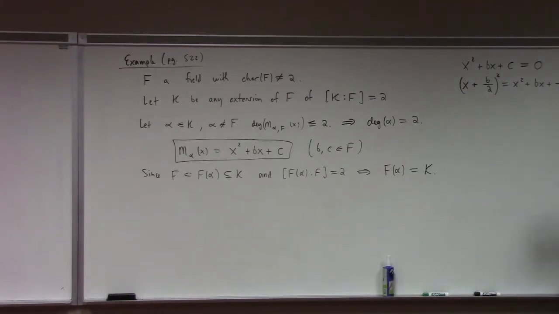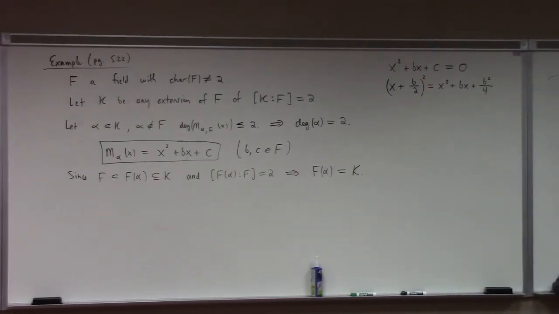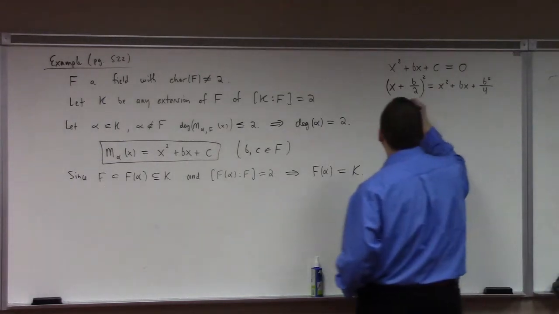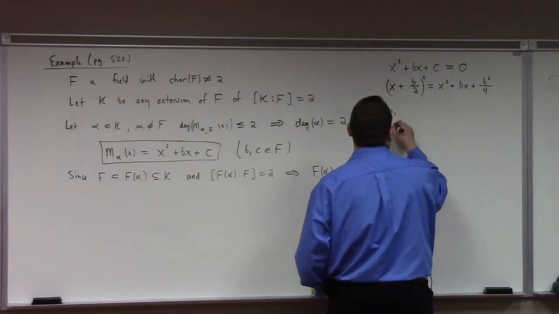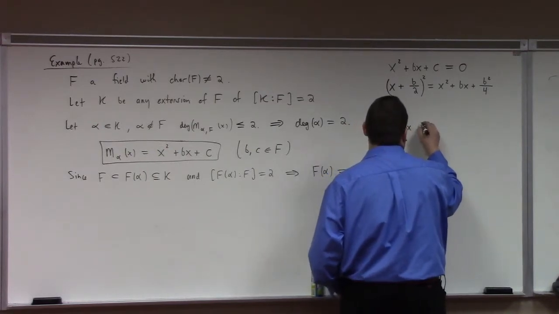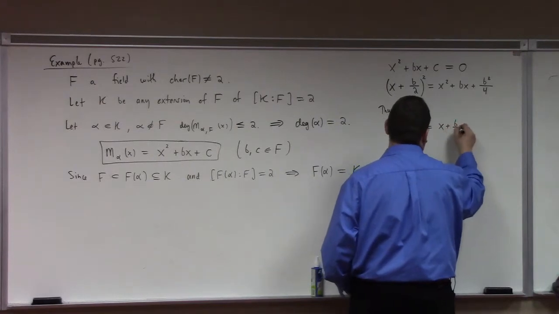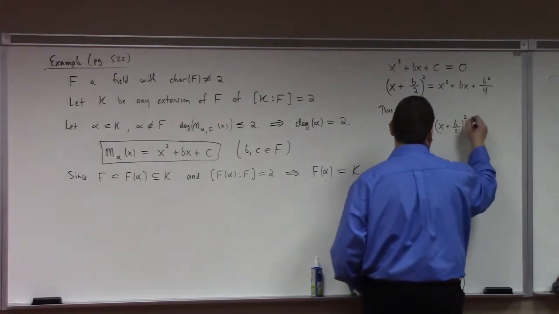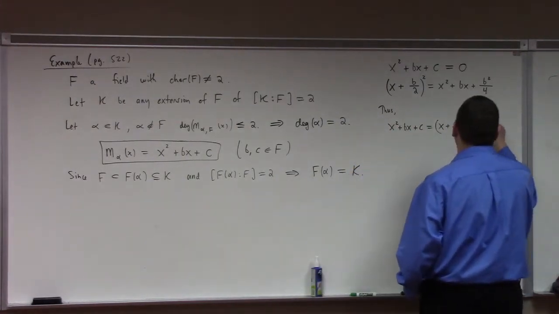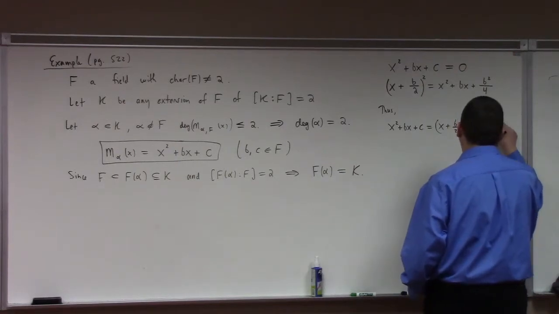That's assuming that the characteristic is not 2, so that 2 has a multiplicative inverse in the field, right? But this is an identity, right? Thus, x squared plus bx plus c is equal to x plus b over 2 squared minus b squared over 4, right? Plus c.